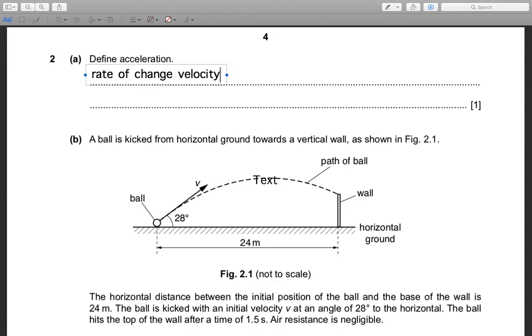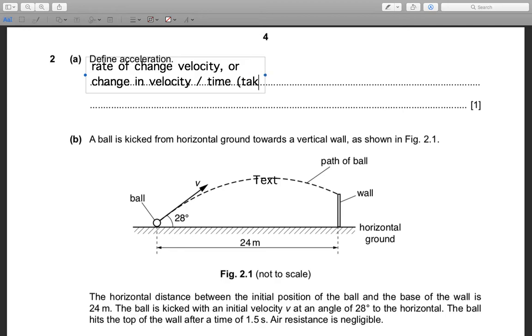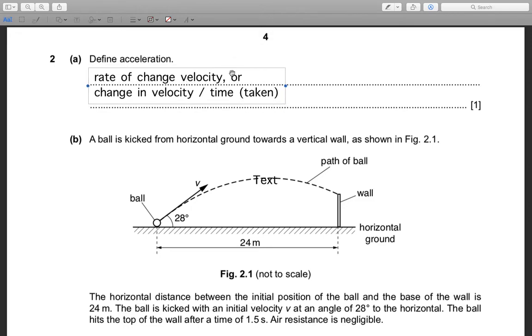Or another answer is: change in velocity divided by time taken. Yes, that's the definition of acceleration.